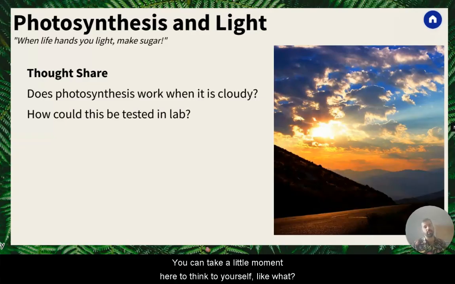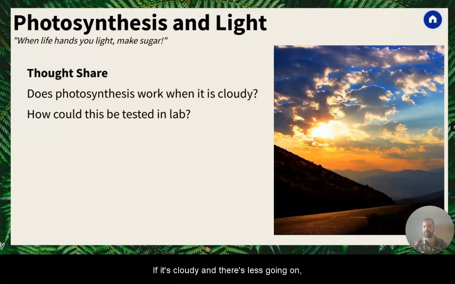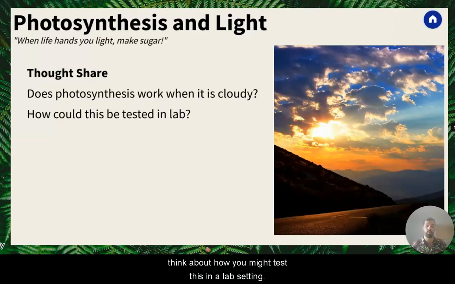You can take a little moment here to think to yourself, how does photosynthesis happen when you don't have some of those conditions? If it's cloudy and there's less light, think about how you might test this in a lab setting. We're going through this in our lab this semester.